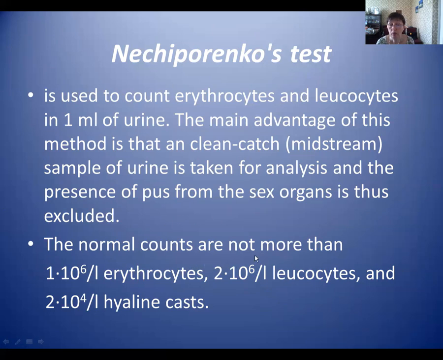So in the norm it should be not more than this amount of erythrocytes, leukocytes, and hyaline casts in the urine. If it is more, it is considered erythrocyturia, leukocyturia, and increased number of casts, or cylindruria.